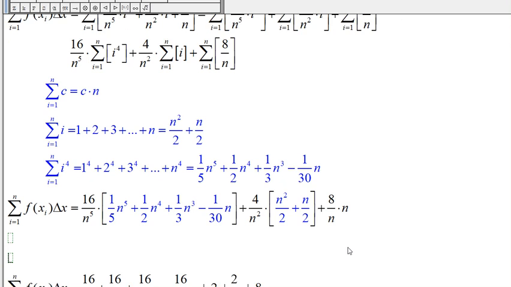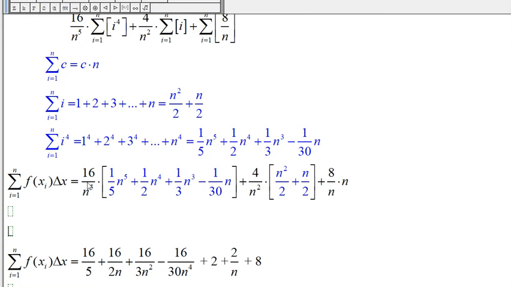And now multiply everything out. When we multiply this out, this is what the result is. And when we multiply this out, we get 2 over n plus 2 over n. And then the last term is just 8.